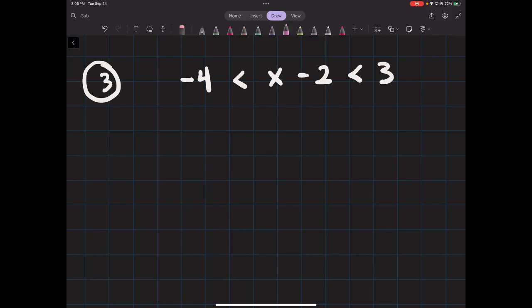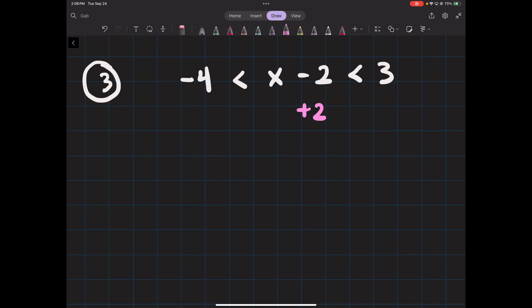All right, any ideas for this one? Use what I taught you for inverse operations. How would you solve for x? Minus 2. No, plus 2. But where else are you going to add 2? You just added 2.